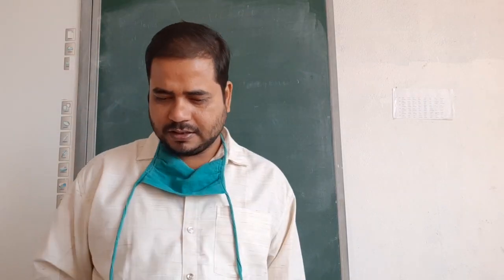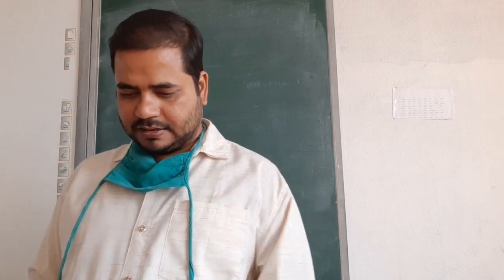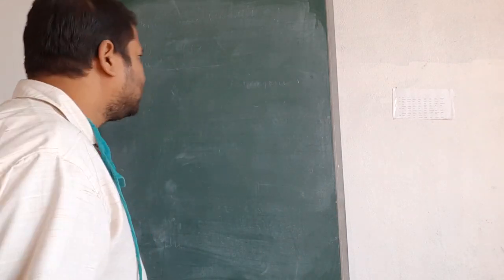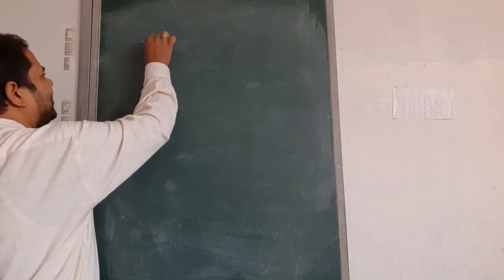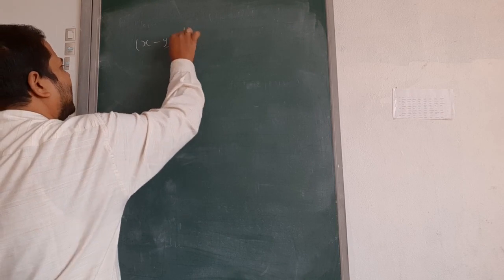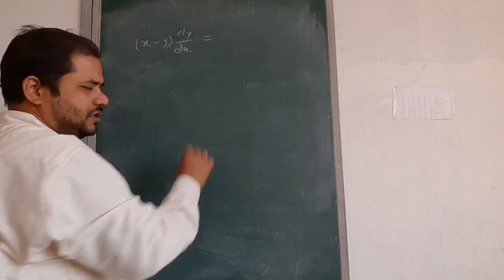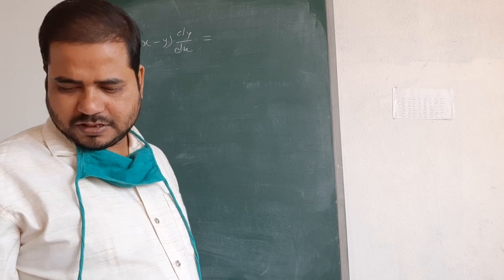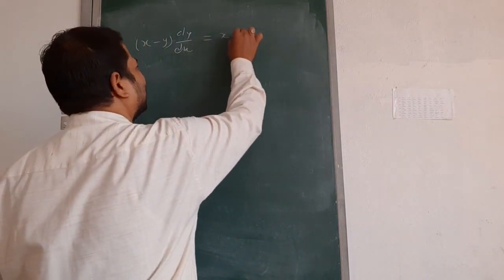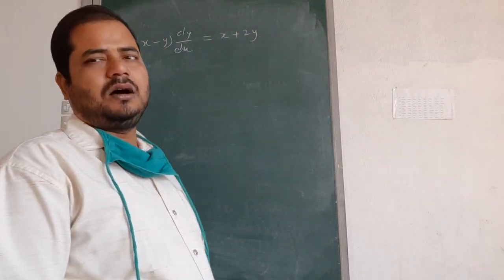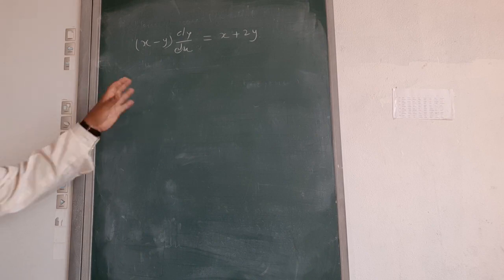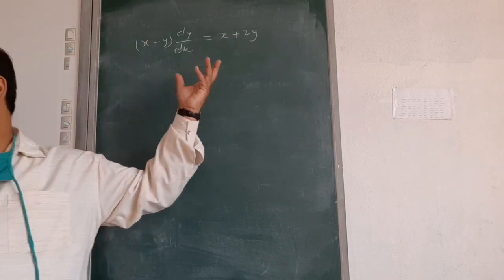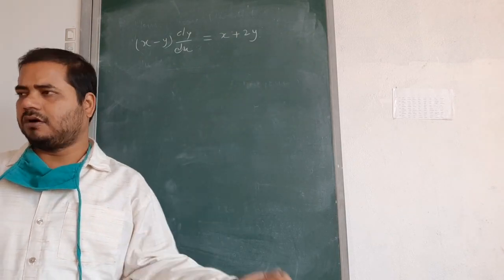Now see a question. Show that the differential equation (x minus y) dy by dx is equals to x plus 2y is a homogeneous differential equation. So first of all, we check whether the given differential equation is homogeneous or not.